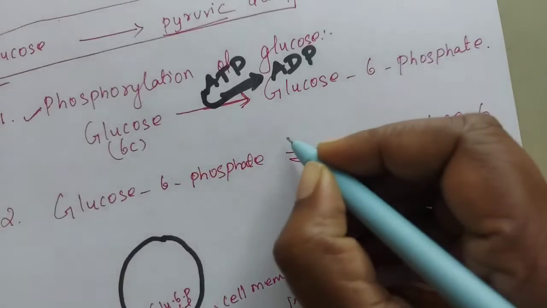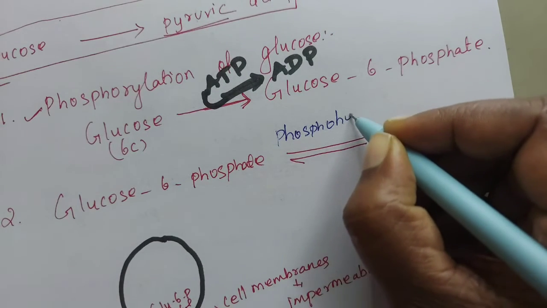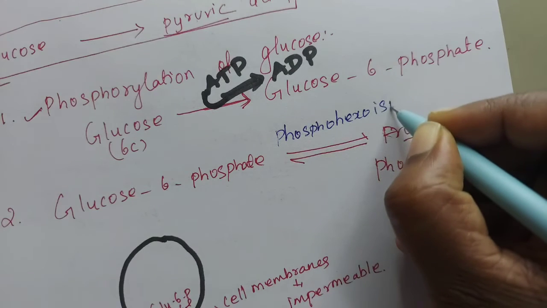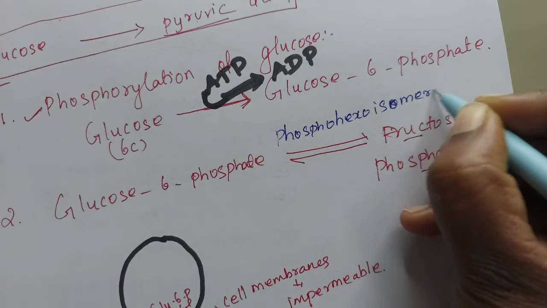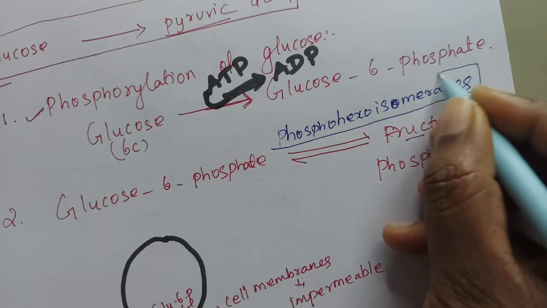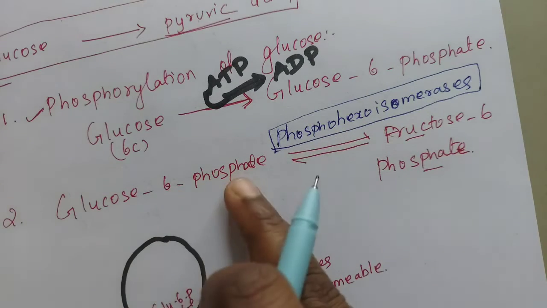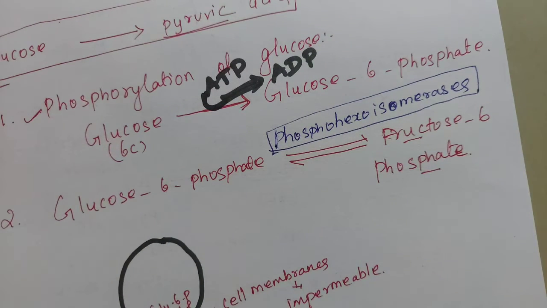This reaction is catalyzed by an enzyme known as phosphohexoisomerase. The phosphohexoisomerase enzyme is involved in the conversion of glucose 6-phosphate into fructose 6-phosphate.